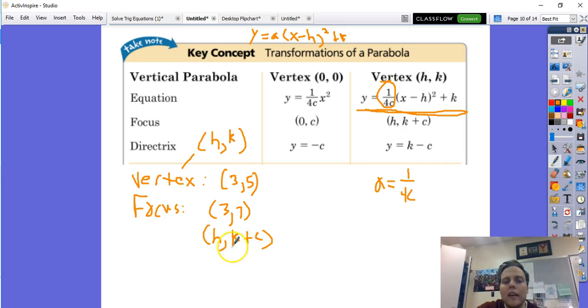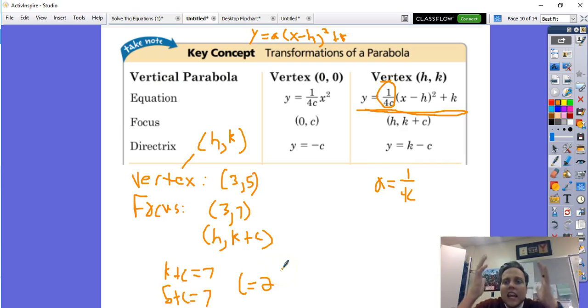And then we know that k plus c is 7. Well, what do we know k is? We've already established that k is 5. So we could say 5 plus c is equal to 7. Then you subtract 5 on both sides, and you know that c is equal to 2.